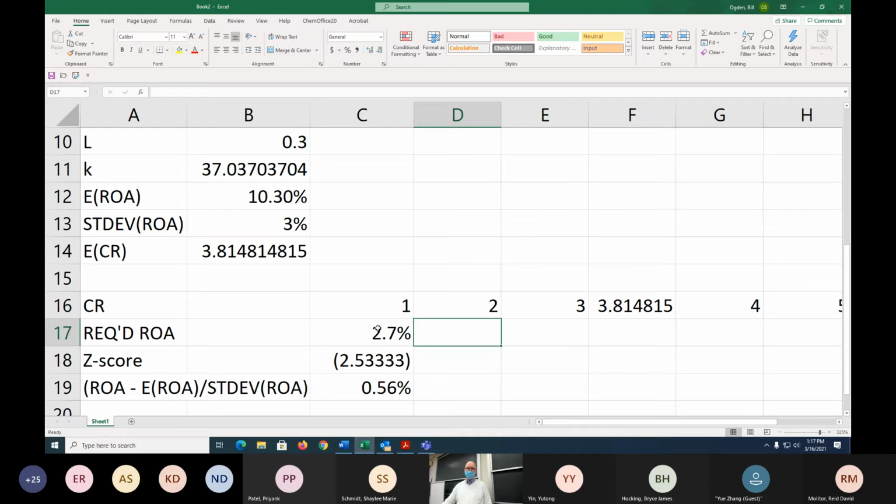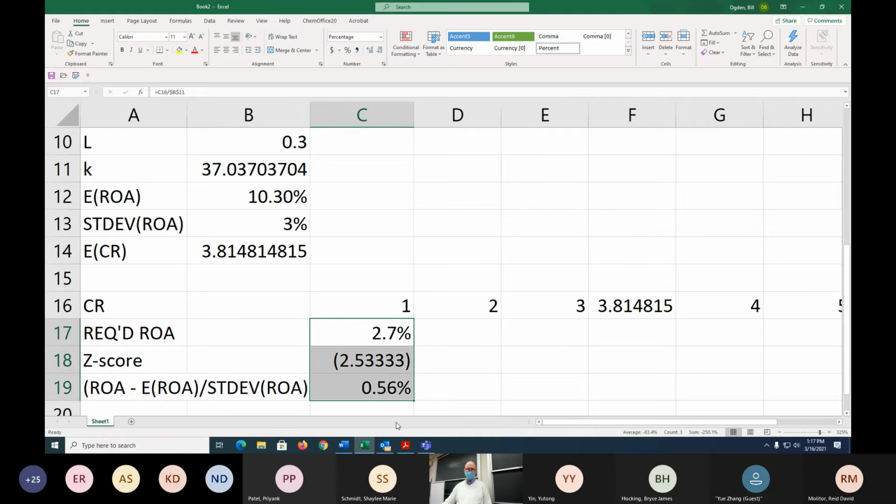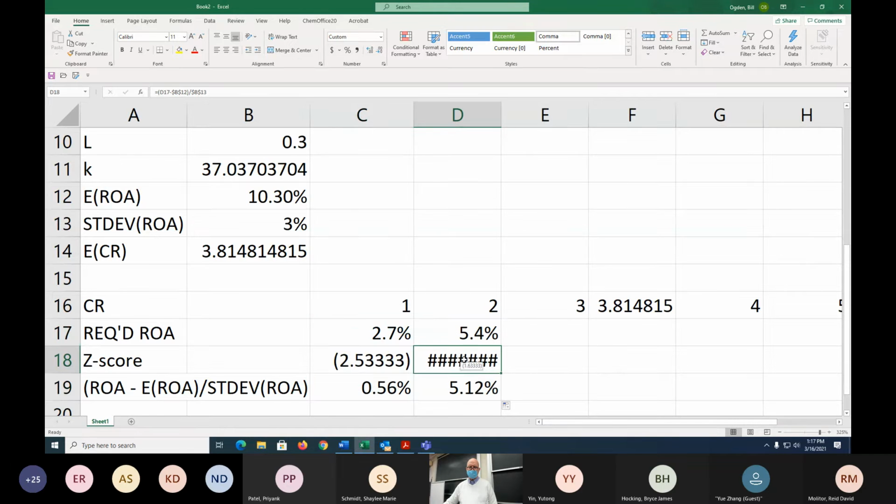Let's hover over these three and flow across to two. Let's take some decimals out of it. There we go. So 1.63. There's a 5.12% chance that the ROA will be 5.4% or less.